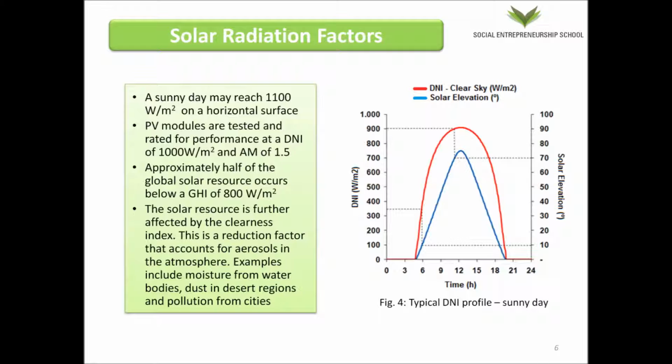PV modules, as mentioned, are rated at STC, standard test conditions, at 1000 watts per square meter, an air mass spectrum of 1.5 and an ambient temperature of 25 degrees. Approximately half of the global solar resource occurs below 800 watts per square meter. This is due to reduction factors that occur for aerosols in the atmosphere, such as moisture, dust, or pollution.